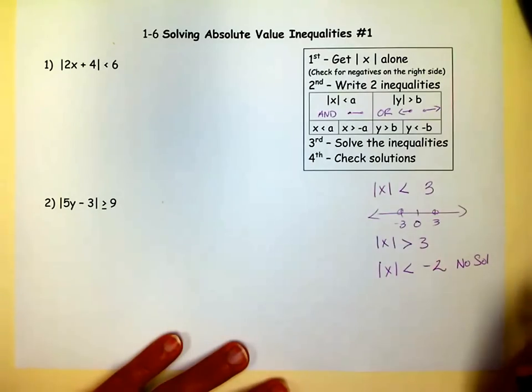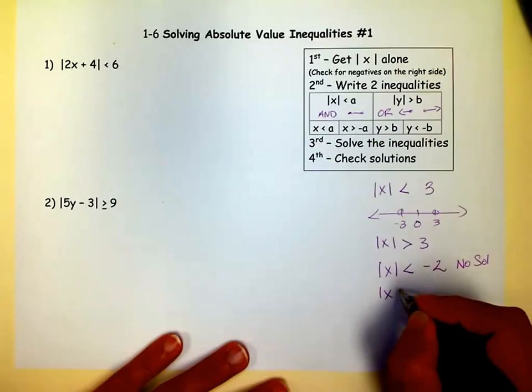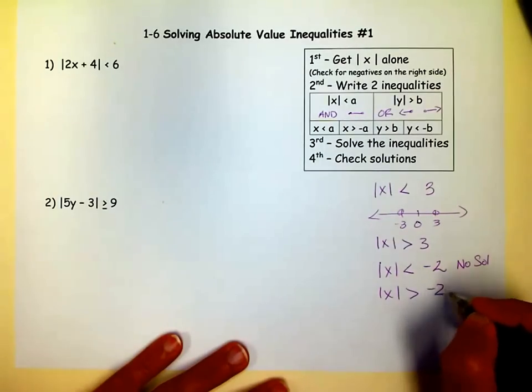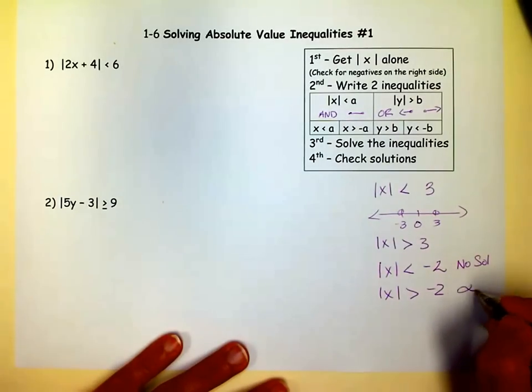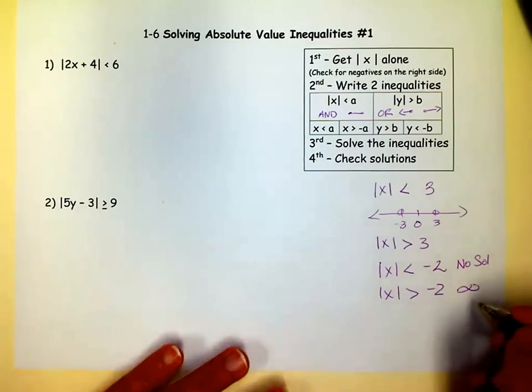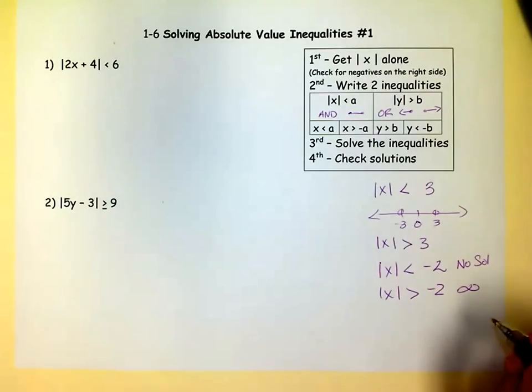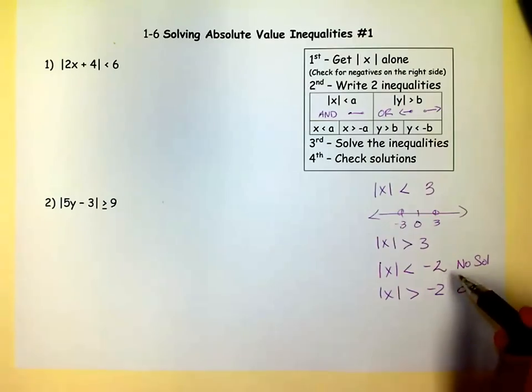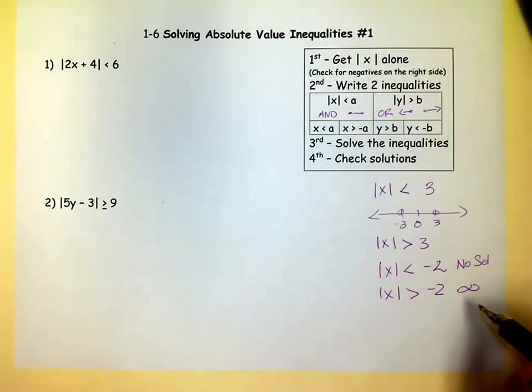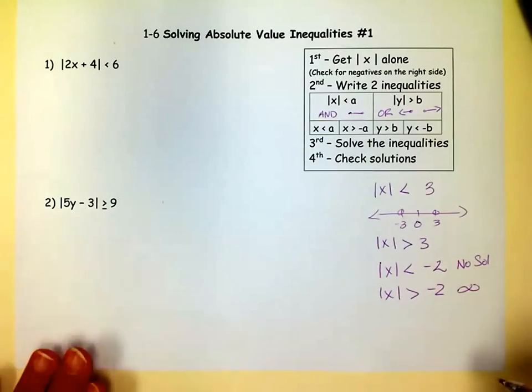You're either 0 or more than 0 away. But if I said all the numbers that are more than -2 away from 0, well, that's all numbers. All the numbers that you can think of on the real number line are more than -2 away from 0. So those are some special cases. You might get into that this year. Every once in a while you might have one of those, and you might not, but interesting information.